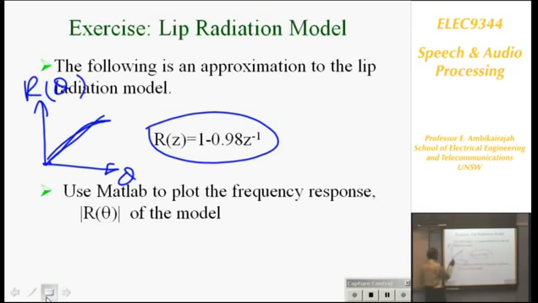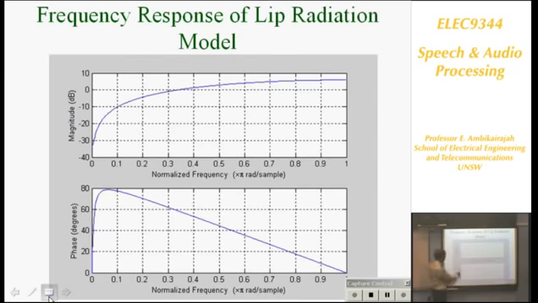So it suppresses the low frequency and enhances the high frequency. It's a high-pass filter. You should use MATLAB and try to program that and see. That's your transfer function of your lip radiation model. And if you plot it, this is what you get. This is your frequency response.